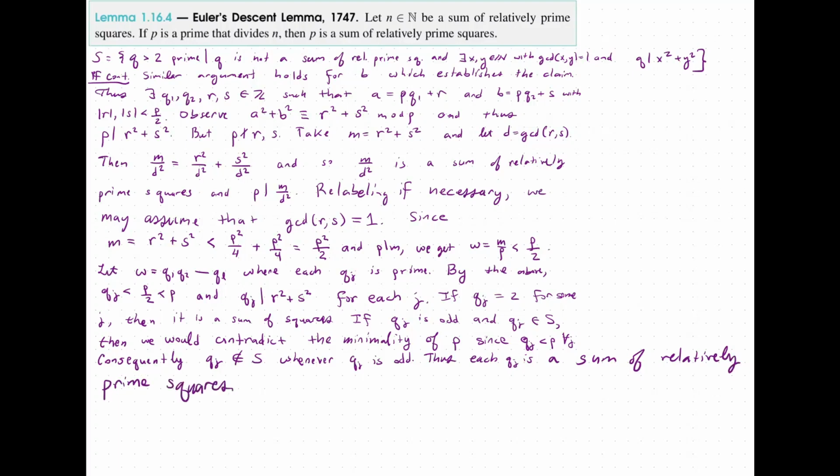And so now we have that if it's even, it's a sum of relatively prime squares, 1 and 1. But if it's not even, then we can also have that it's a sum of relatively prime squares by the construction of S.